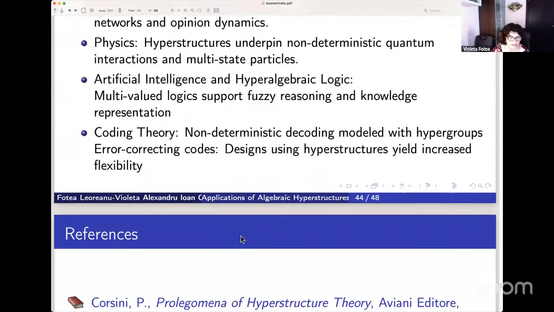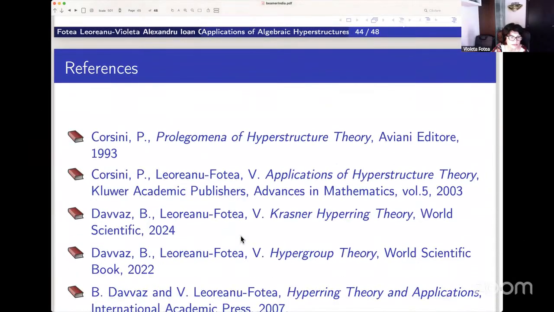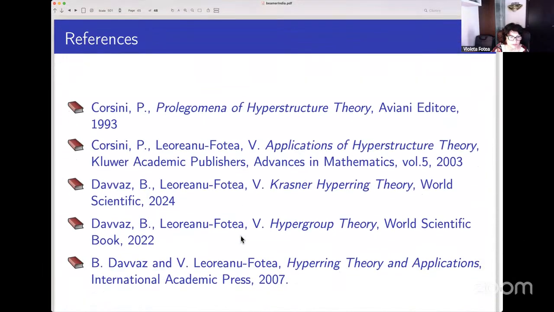And at the end, I wish to present some books. The first book about hyperstructure was written by Corsini. There was at the same period a book on hyperstructures written by Professor Vougiouklis about representations of hyperstructures.